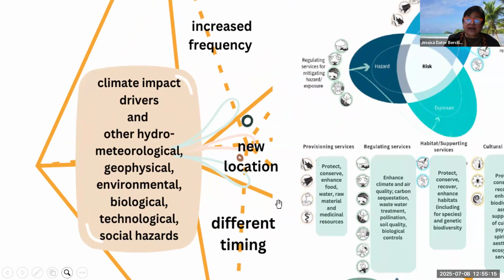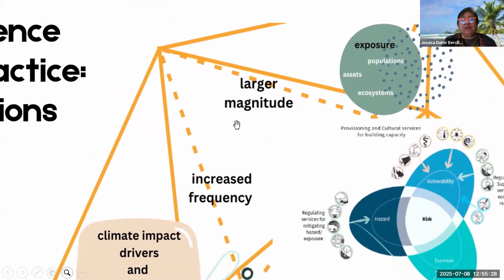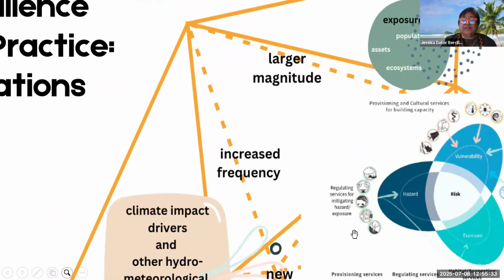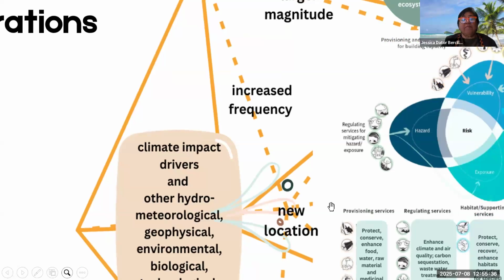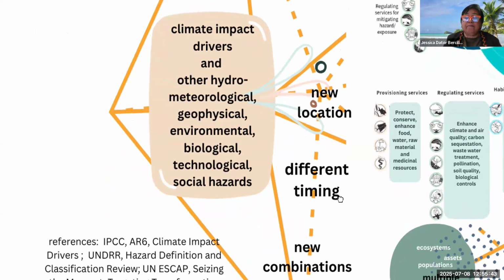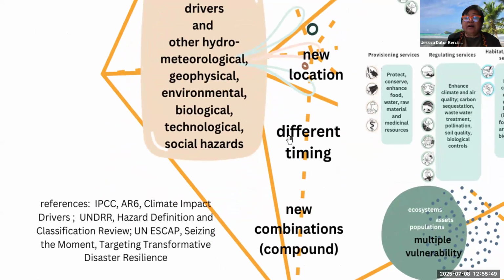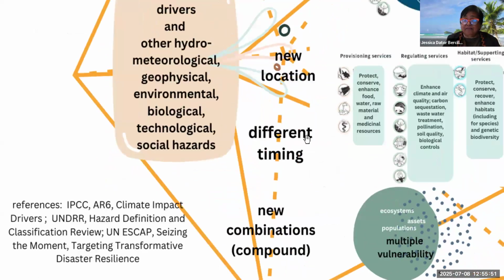They do not come one at a time. They actually now come in pairs or as groups. And our problem is they will come with larger magnitude, increasing frequency, new locations. They will come at different timing, and sometimes you can no longer predict our seasons, and they will come with new combinations. They will expose our populations, assets, and ecosystems.